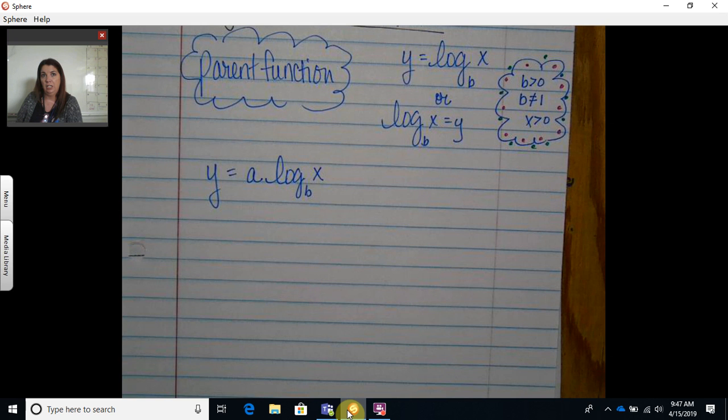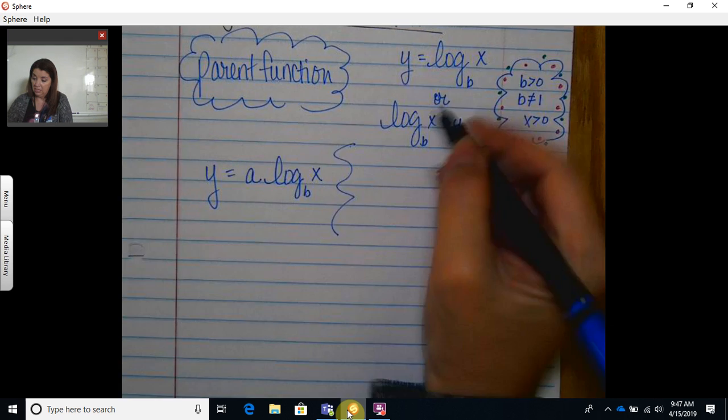Remember, y'all learned in geometry, compression opens up the graph wider than the parent function, whereas stretch makes it more narrow. And reflection: logarithms are always on the right side of the asymptote, unless it's a reflection, then it would be on the left side. A is going to tell us.